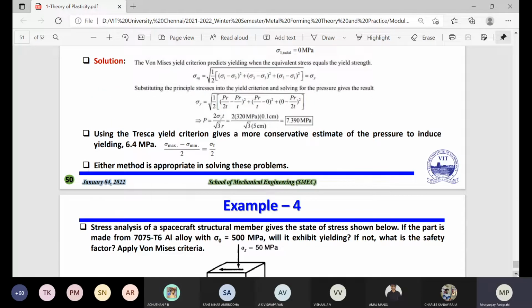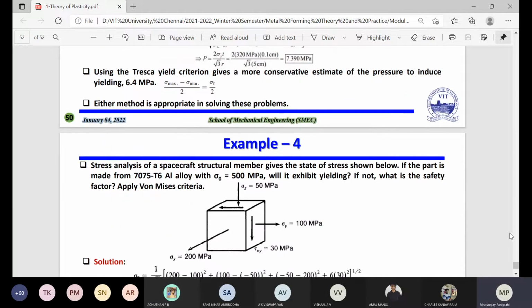And next question is this one. Stress analysis of a spacecraft structural member gives the state of stress shown below. If the part is made from 7075-T6 aluminum alloy with sigma 0 equal to 500 megapascal, will it exhibit yielding? If not, what is the safety factor? Apply only the von Mises criteria.